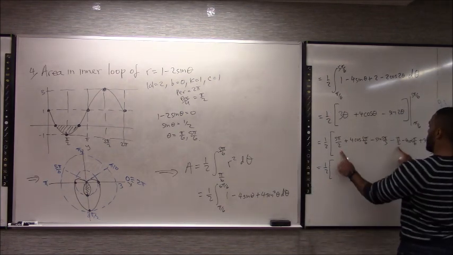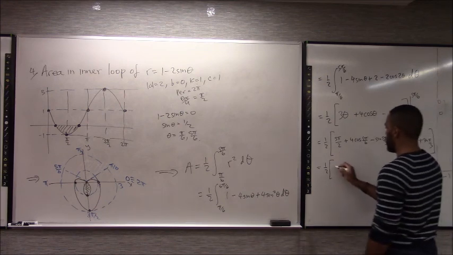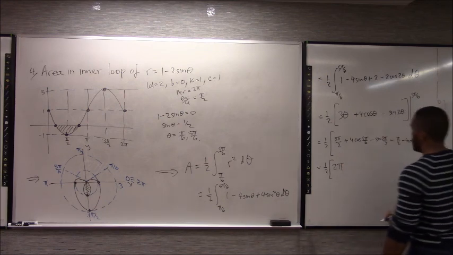So, 5 pi over 2 minus pi over 2, that would give us 2 pi.